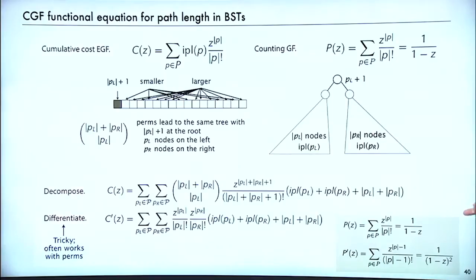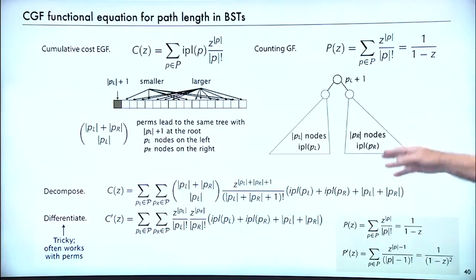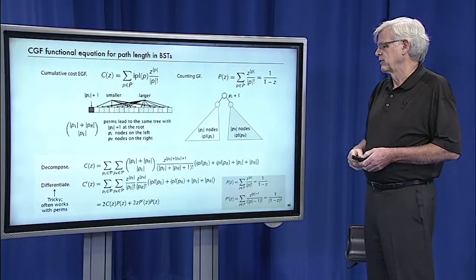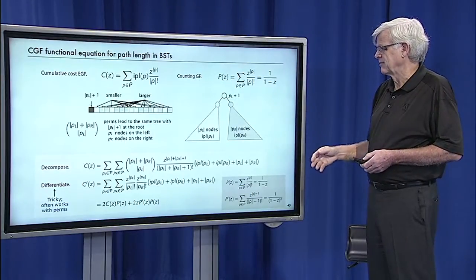The sum of P^z over P factorial is just P of z, and P prime of z takes care of PL over PL factorial being PL minus 1 factorial, so use this equation. And then again, we get a very simple differential equation now for the cumulative cost exponential generating function for path length in BSTs.